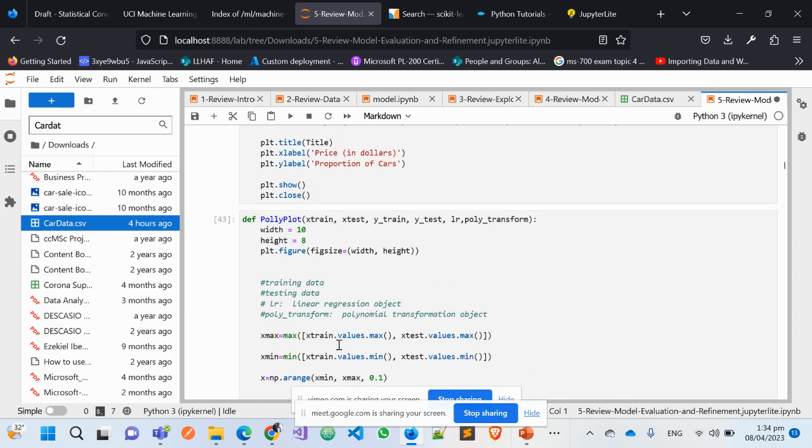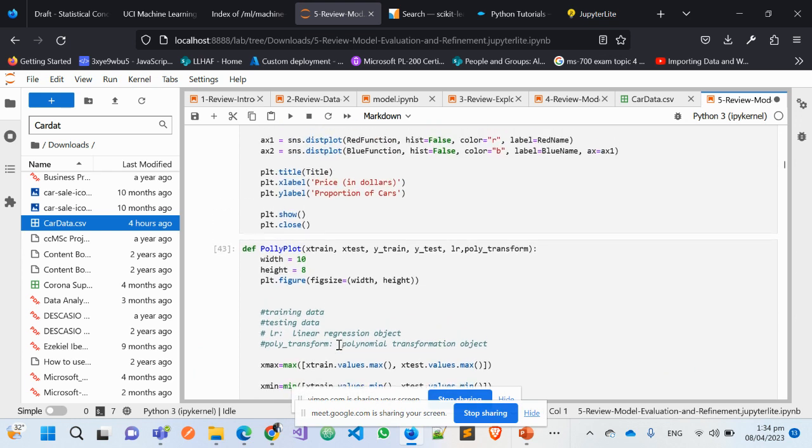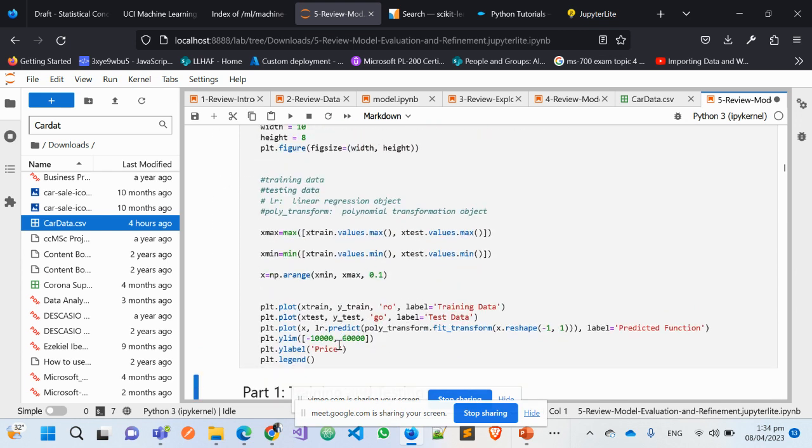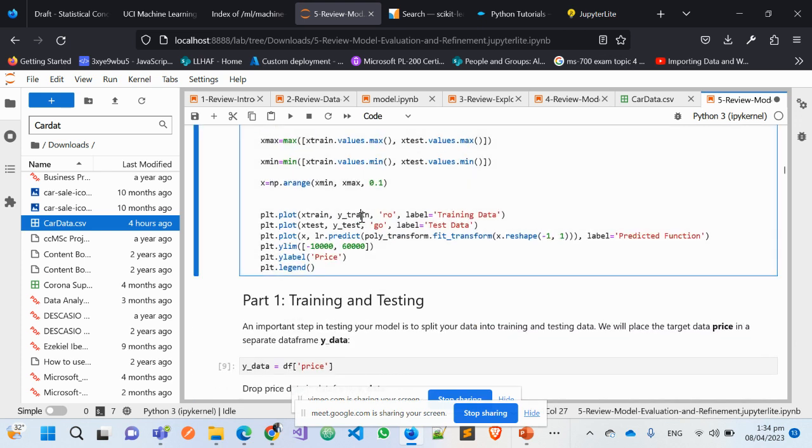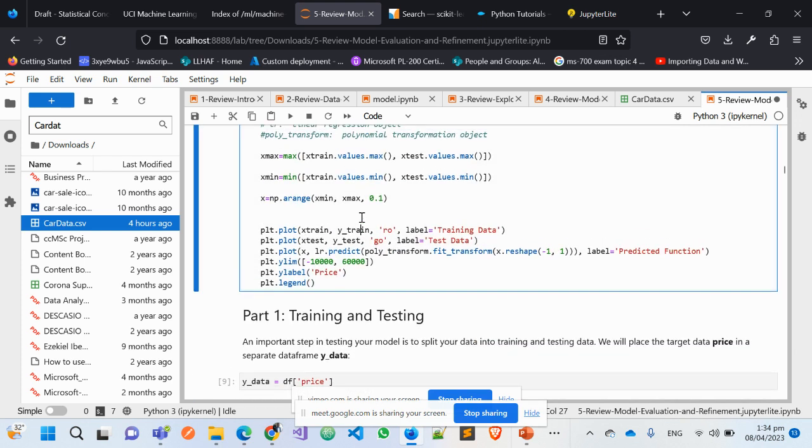Polynomial transform. This should be able to do it. Polynomial transform dot fit transform.